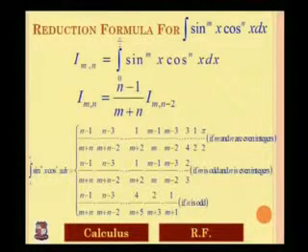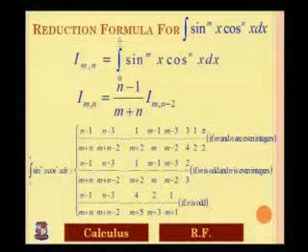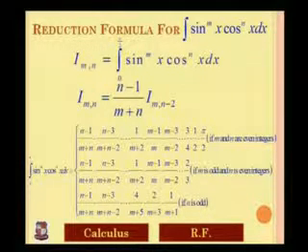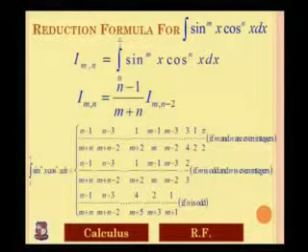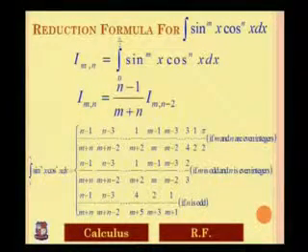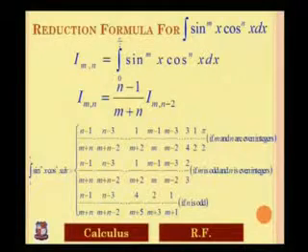Continue this process: 1 upon m plus 2, m minus 1 upon m minus 3 divided by m minus 2, 3 by 4, 1 by 2 into pi by 2, if m and n are even integers.